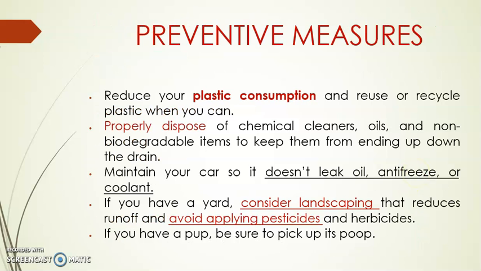So what are the preventive measures we need to take to overcome this problem? Again, we need to reduce the use of plastic and focus on recycled materials, and ensure proper disposal of the waste we generate from the house, so that it does not mix with the water.